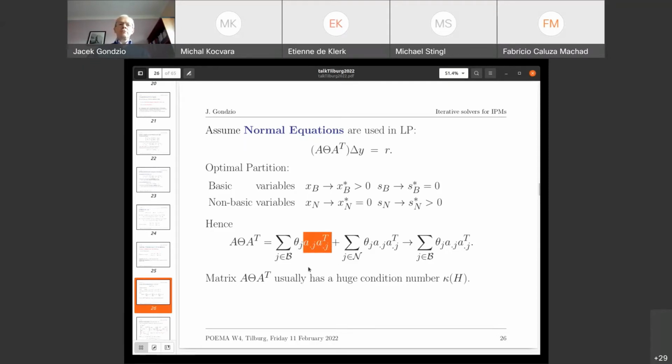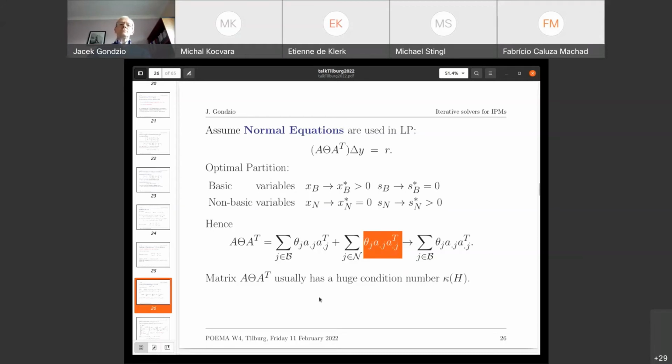But if we know that basic part of theta j goes to infinity, non-basic part of theta j goes to 0, then we may say the whole second part in this summation is actually negligible compared to the first one. I'll say it once again. Theta j for basic part goes to infinity. Theta j for non-basic part goes to 0. So all these terms that are added here are negligibly small compared with those ones.